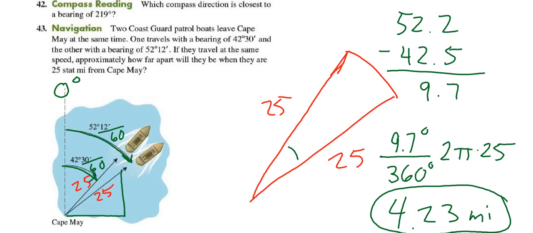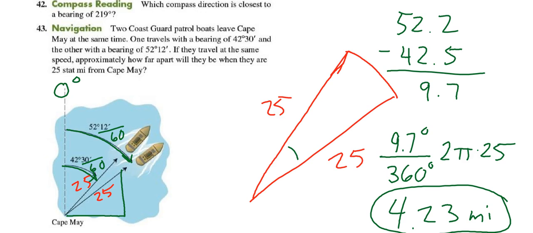So 25 squared plus 25 squared minus 2 times 25 times 25 cosine 9.7, square root of that. I got 4.227, so virtually no difference.